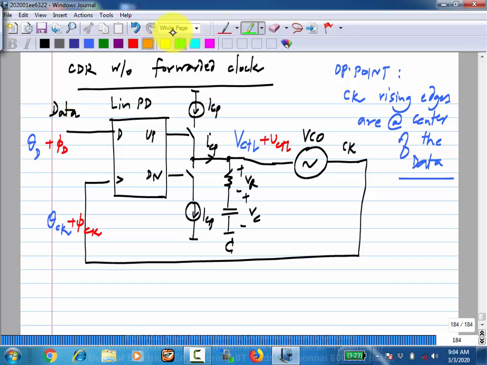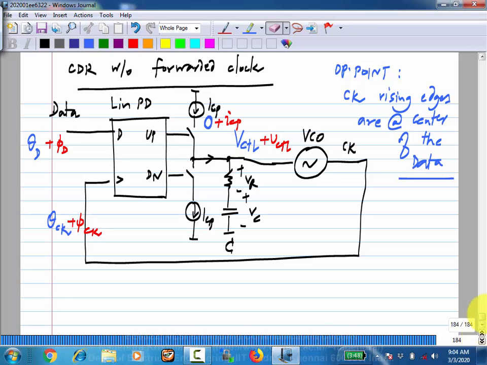And by the way, also for the charge pump at the operating point, the average output will be 0 and with this phase perturbation on data, you will have some increment in the charge pump current. Okay, is this fine? So we need a model that relates all of these things.